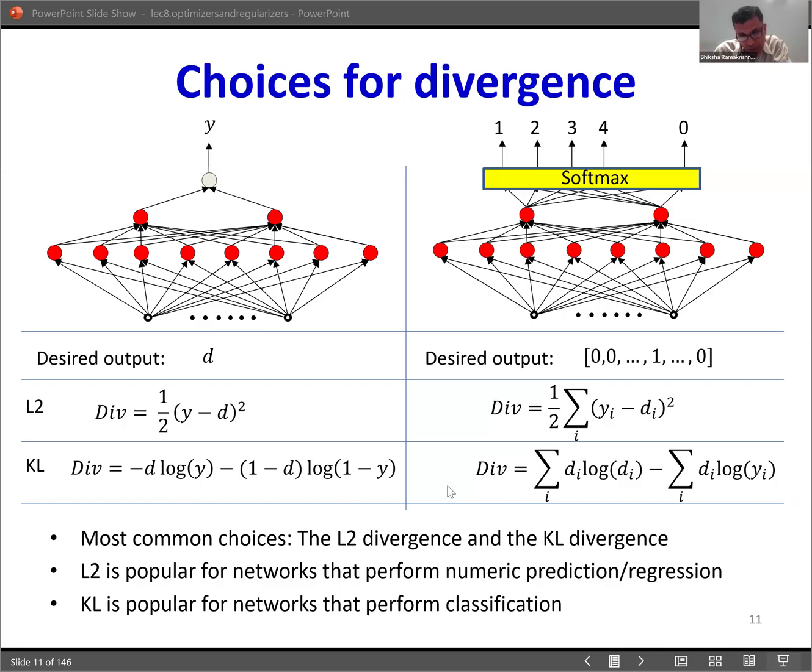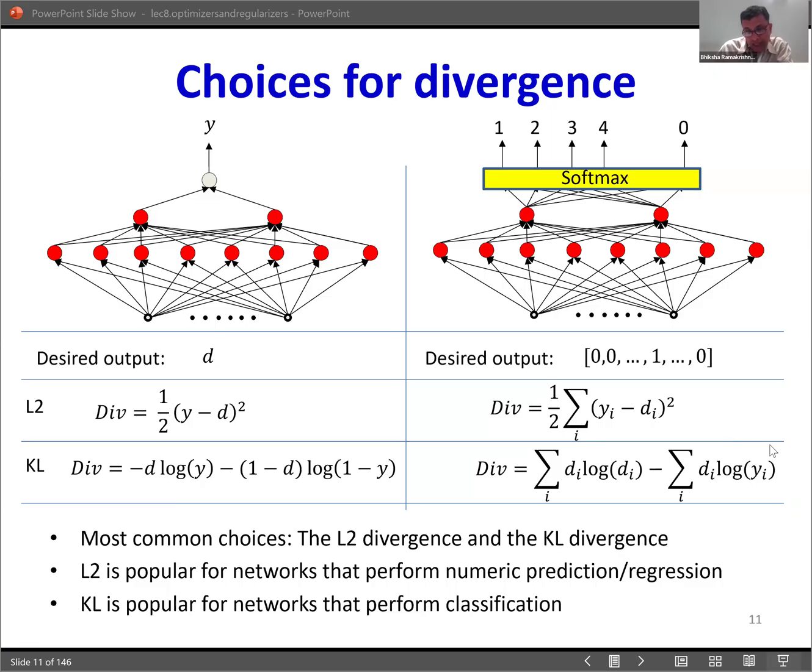The multi-class version of it we saw in an earlier class was this summation over all classes of d log d. This doesn't really matter. This is only computed over the target. The real key component is minus the summation over i of d_i log y_i, and you can see that if the probability assigned to the correct class is 1, then this becomes 0.